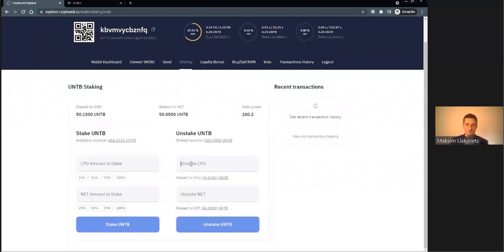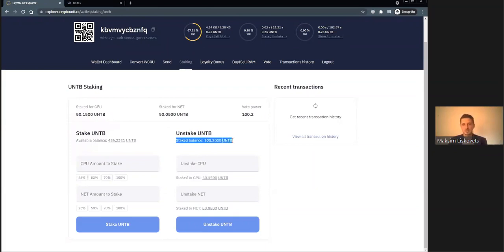For example, you performed some transactions, the load was quite high, and then you don't do it anymore. Then why would you have this many UNTBs staked for CPU and net? There is no need for that. So you can unstake them using this particular function, unstake UNTBs.